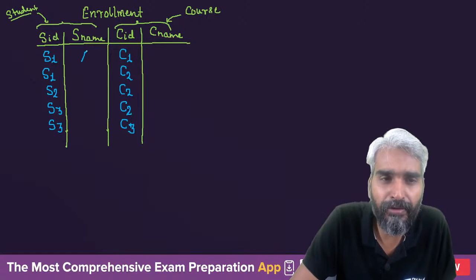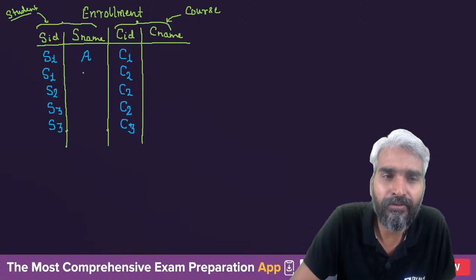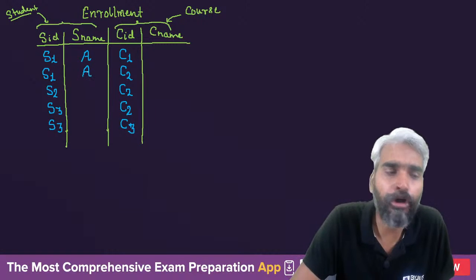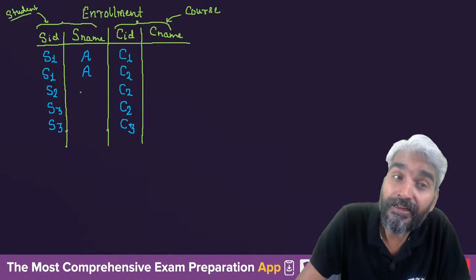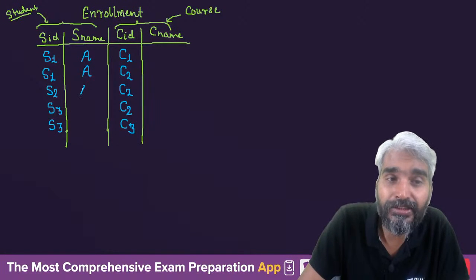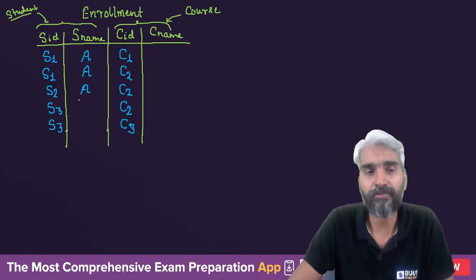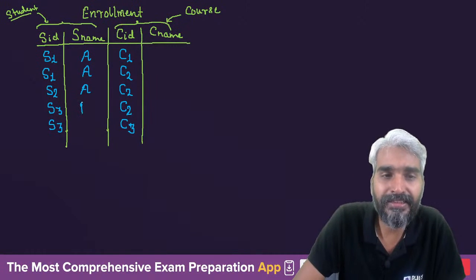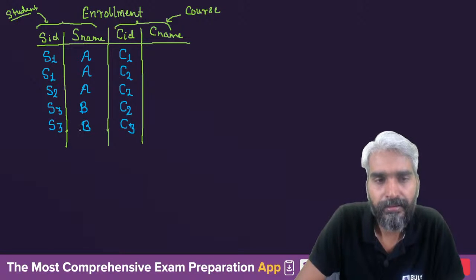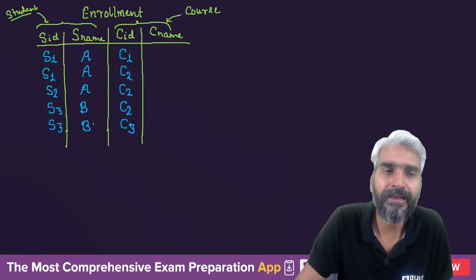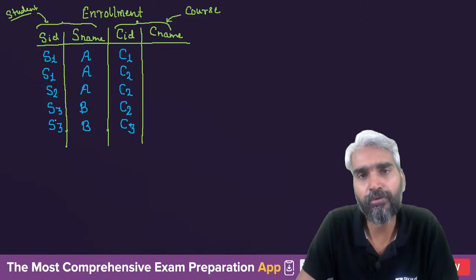So if the name of the student S1 is A, then it will remain A at all the possible tuples. Now, the name of two different students may also be same. So let's assume the name of student S2 is also A, just for the sake of understanding. And let's assume the name of the student S3 is B. So you can have the values B and B for the SNAME with respect to C.